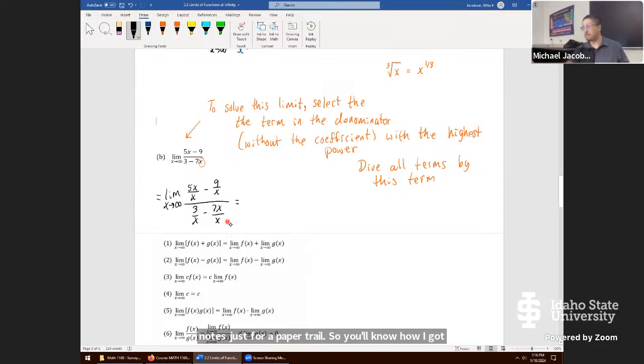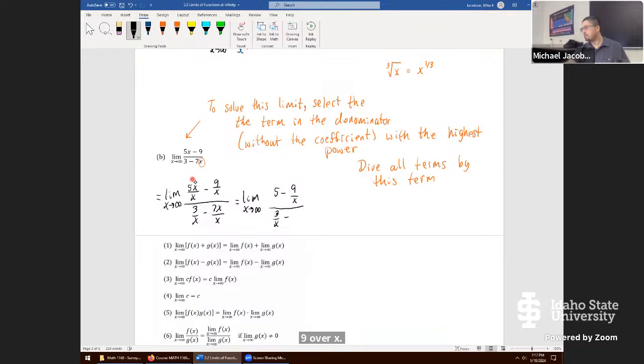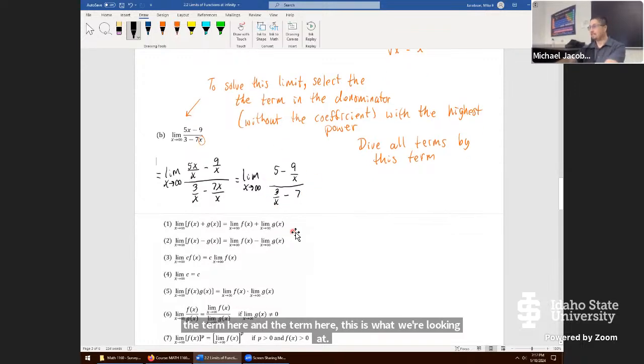On the next one, it's going to be limit, x is going off to positive infinity. Here we're just simplifying. So 5 minus 9 over x, divided by 3 over x minus 7. So after simplifying the terms, this is what we're looking at. And now we need to take the limit of this thing.